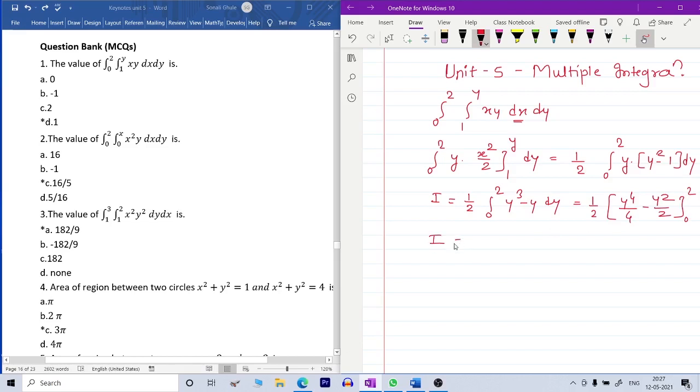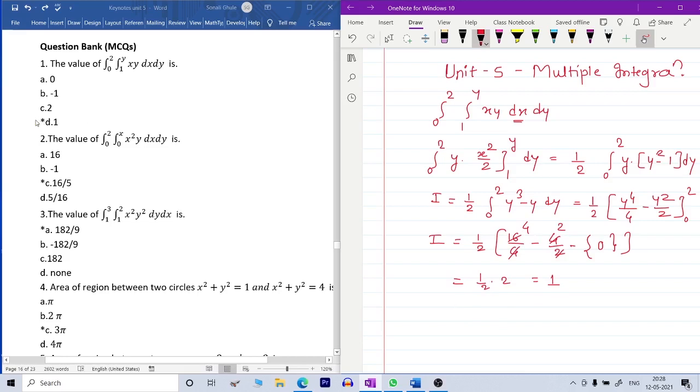Applying the limit, 1 by 2 is constant, upper limit is 2, 2 raised to 4 is 16 by 4, minus, upper limit is 2, replace y by 2, 2 square is 4 upon 2, minus, use the lower limit. If I put the lower limit 0, the total term will be 0. So solving this, 4 4s are 16, 2 2s are 4, 4 minus 2 is 2. So 1 by 2 into 2, that means the value of the integration is 1.